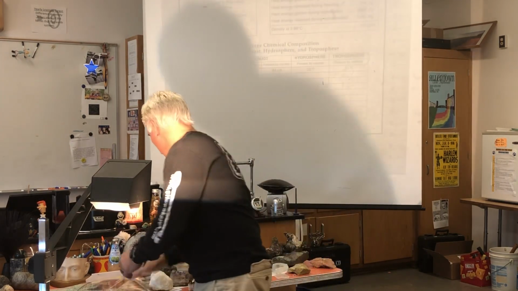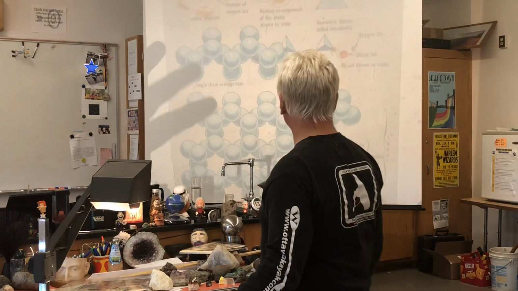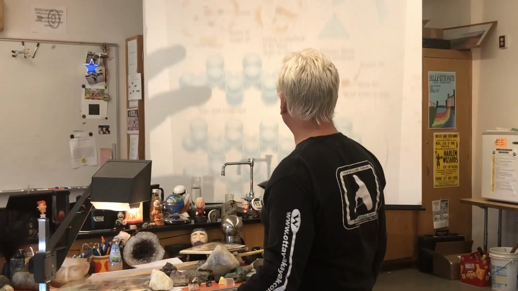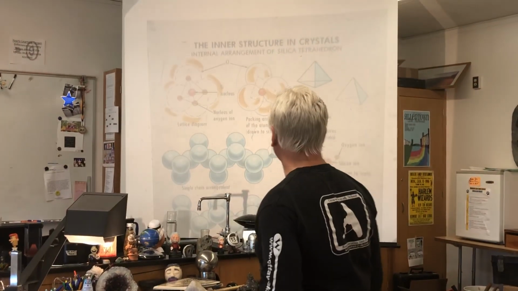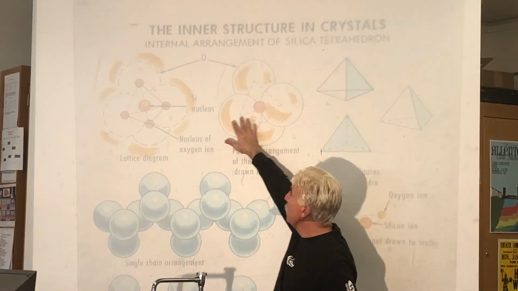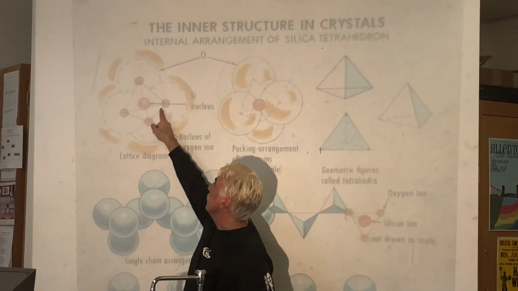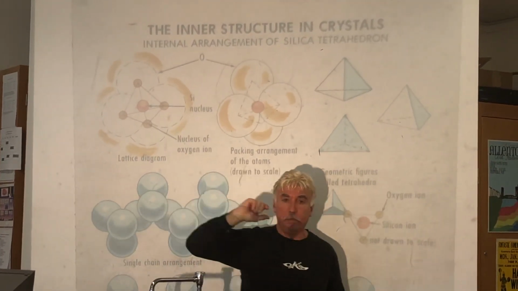Now let me show you the number one atomic structure, which is made up of silicon and oxygen. If you were to break it apart, it looks like this in a cartoon drawing, forming a pyramid of four oxygens with one silicon in the middle.